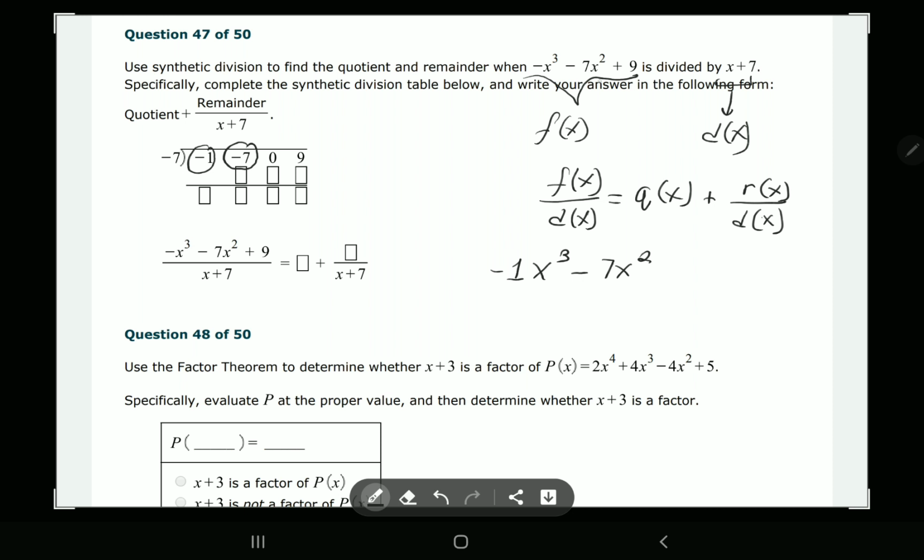We have no term that has x to the first power, so that's going to be plus a 0x to the first power. That's why there is a 0, because we're taking the coefficients for each of our terms. And then we have a plus 9, which is here. That's our constant, and that's why that is last.